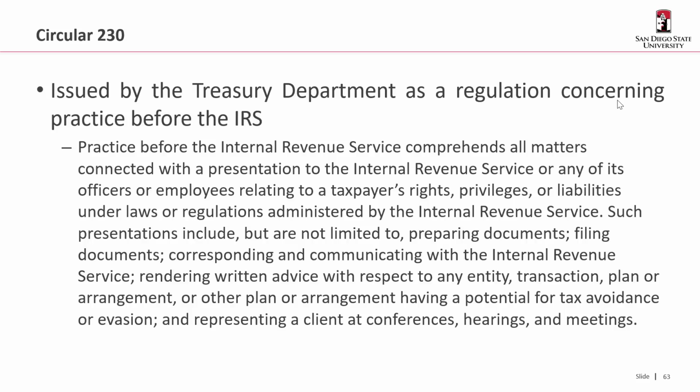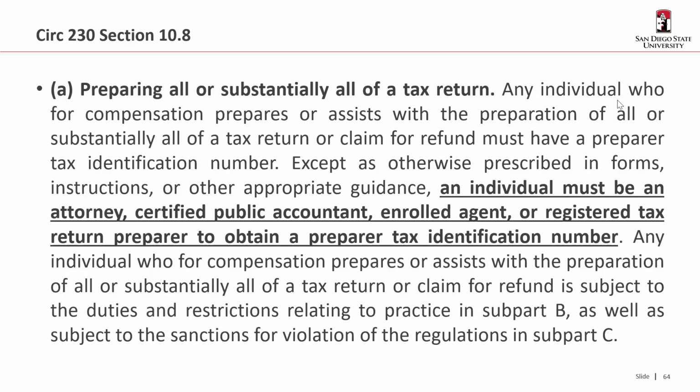Okay, Circular 230, it looks like practice before the IRS is a pretty broad definition. It's basically everything. So it looks like we're going to have to live by 230, even if we're solely a tax preparer. However, that is not true. So let's go to Circular 230, Section 10.8, preparing all or substantially all of a tax return. Take a moment and read this slide as well.